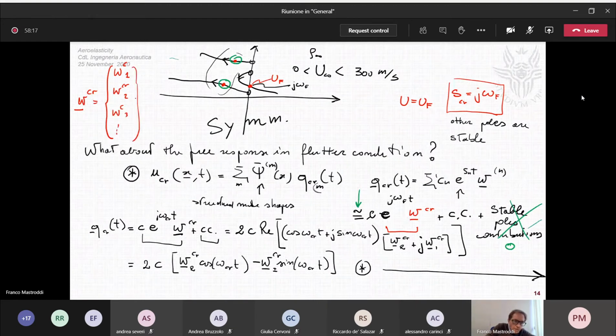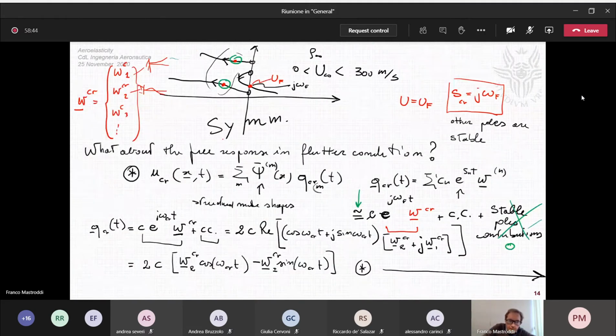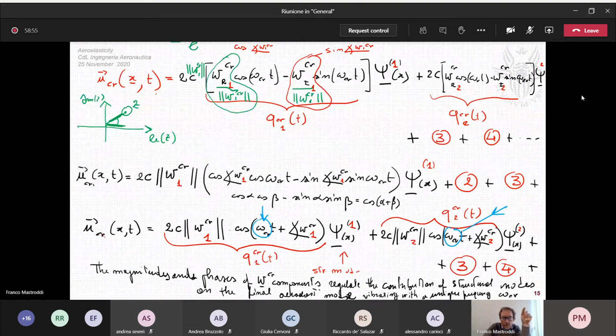If 1, 2, 3, and so on are the indices associated to the first mode of vibration, the second structural mode of vibration, and the others, the final flutter combination is a combination of these complex numbers which are able to modulate and shift this elementary vibration by using this formula.